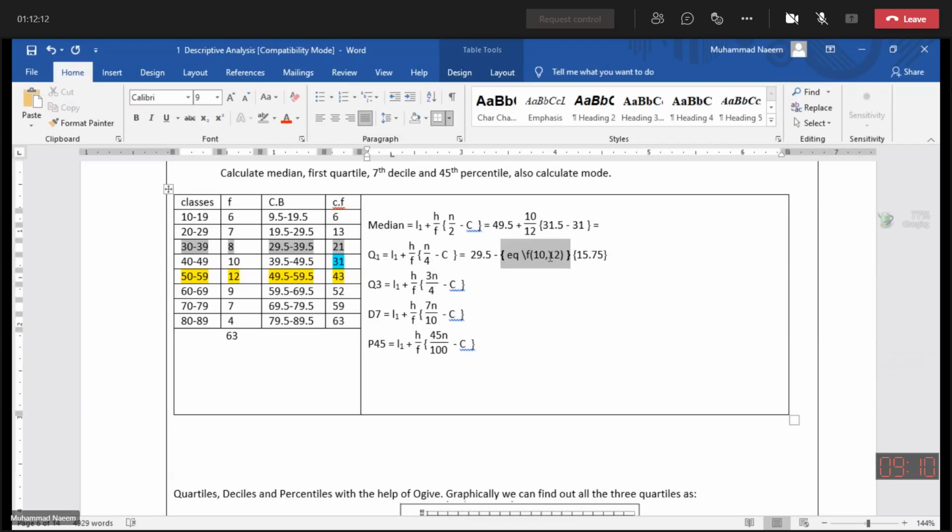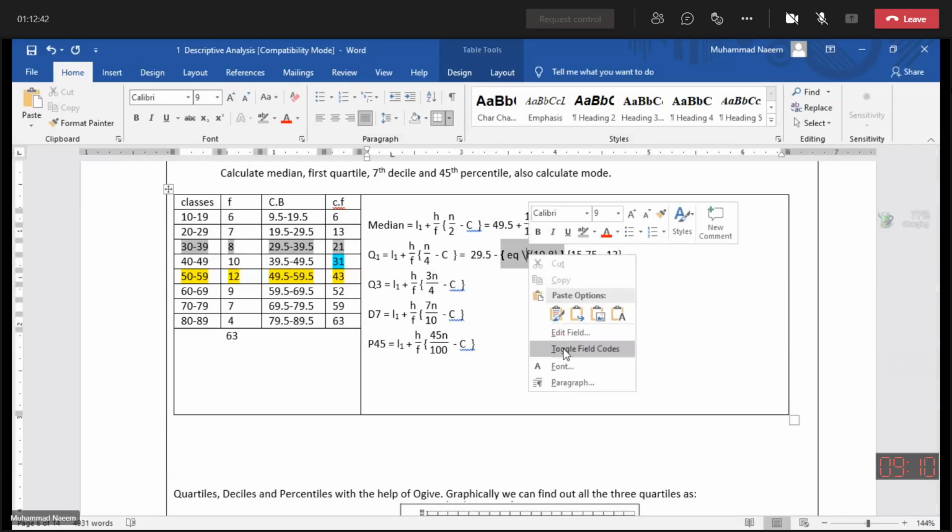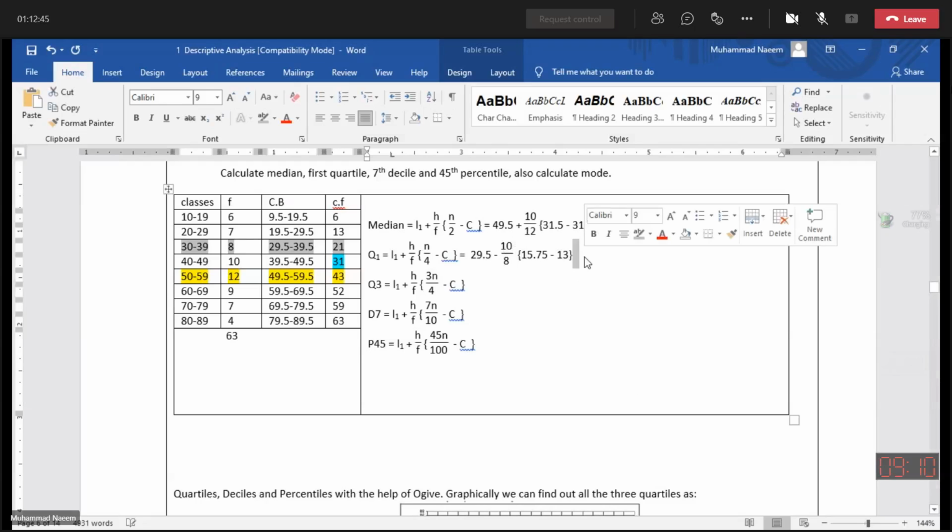But the value of F, the frequency of this highlighted class interval, is 8. Value of n by 4 is 15.75 minus C. What is C in this case? C in this case is 13. So simplify and get the answer of Q1.